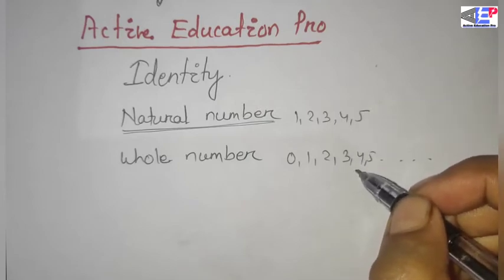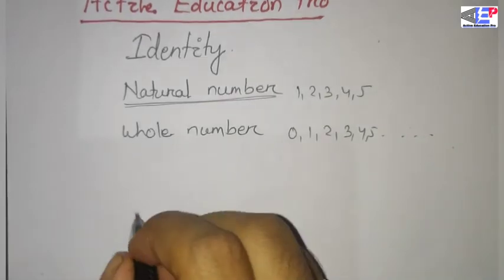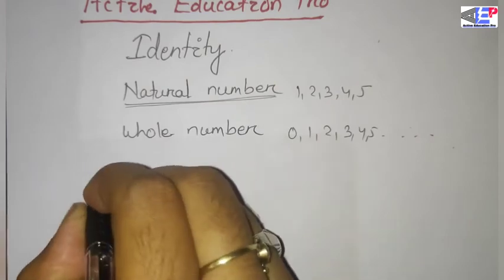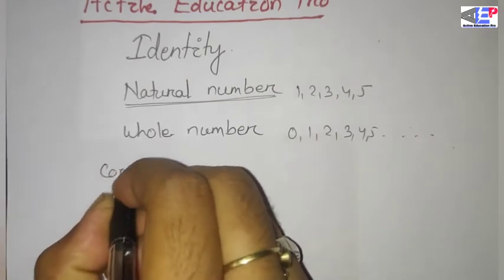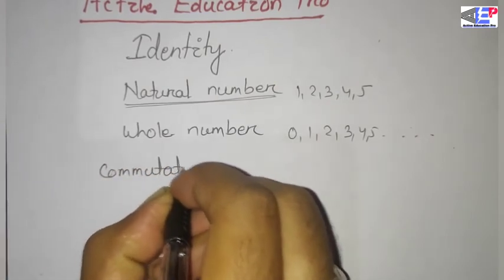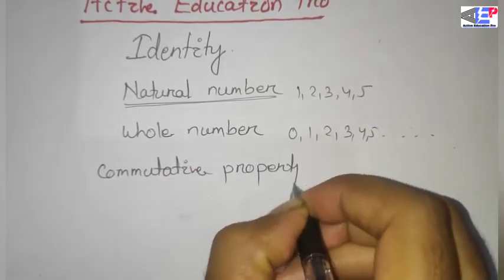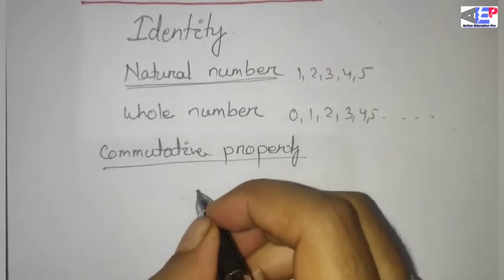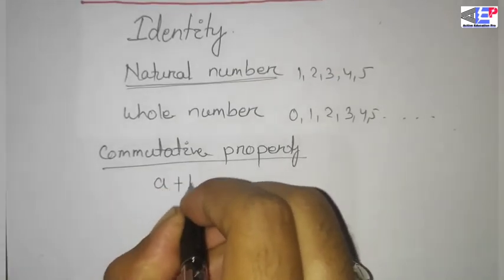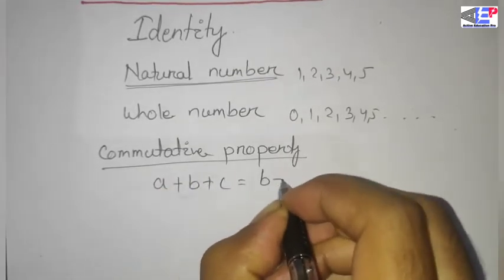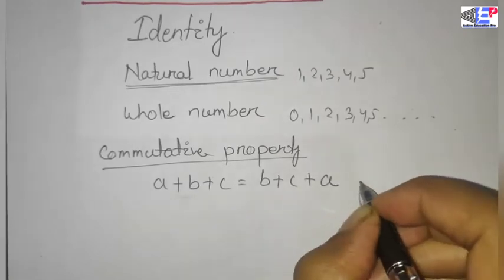And the properties: closure property, associative property, commutative property, distributive property. Again we write here for your better practice. First is commutative property. Commutative property is followed for both addition and multiplication. a plus b plus c is equal to b plus c plus a, for addition.